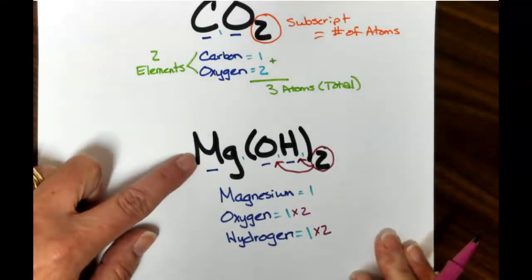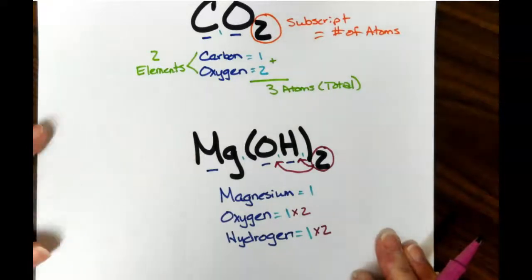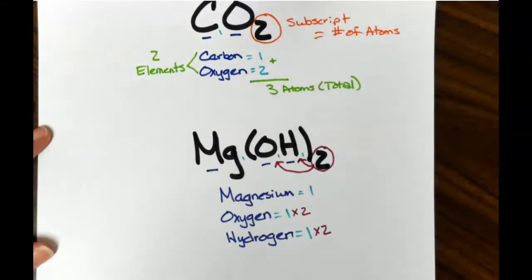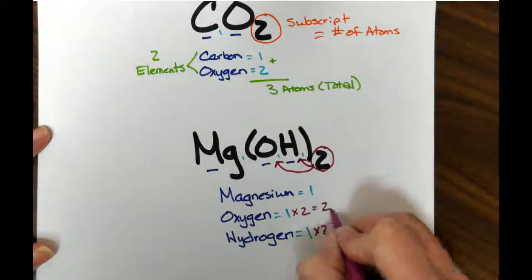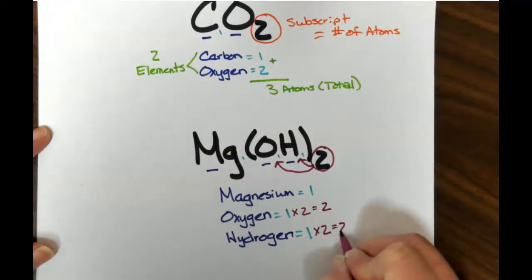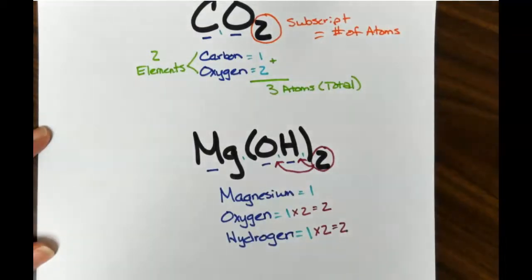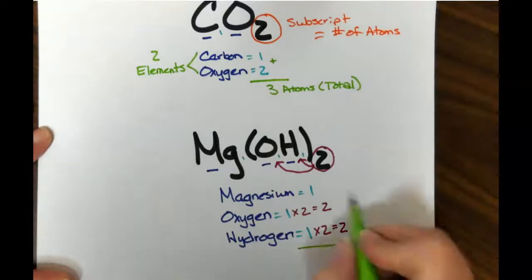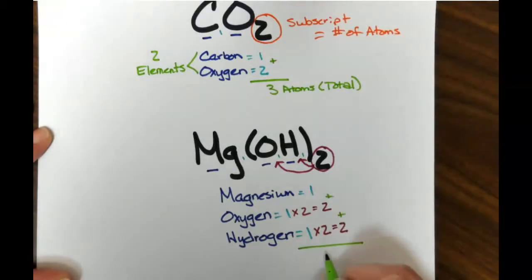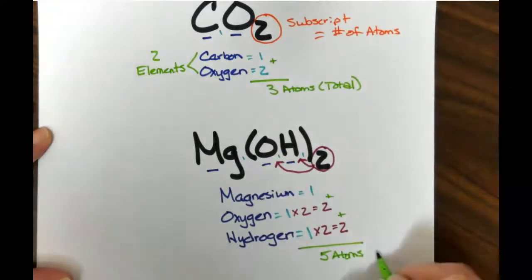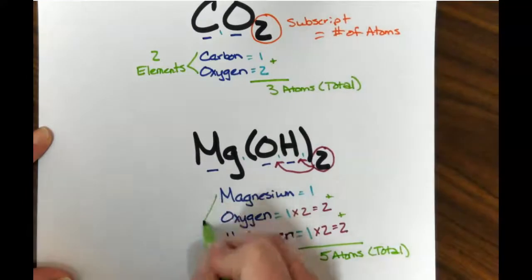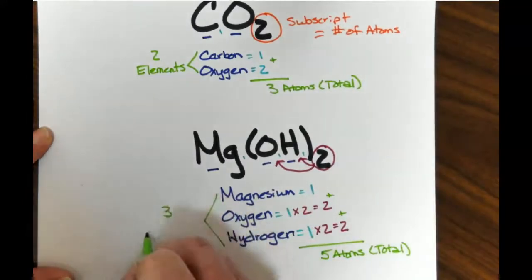Magnesium is not inside the parentheses, so it will not get the 2. If we look at our totals, I have 2 oxygen now, and I have 2 hydrogen. So our total number of atoms, if we add these up, we get 5 total atoms. If we look at our elements, I have 3 total elements.